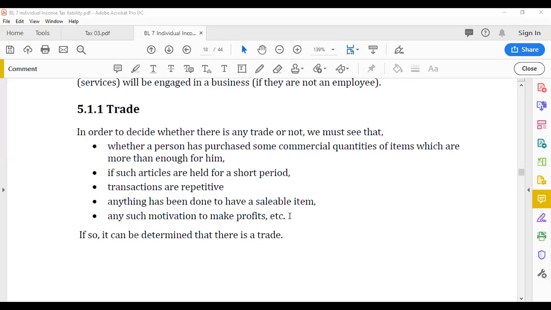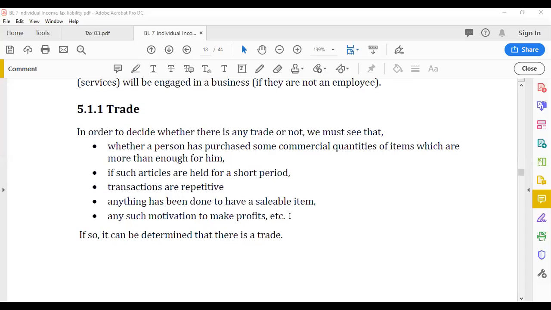But if you purchase 100 soaps per week, it may be for commercial purposes, not for your personal use, right? If such articles are held for a short period, you just purchase and keep for a very short period and sell it, right? It's an indication of trade.